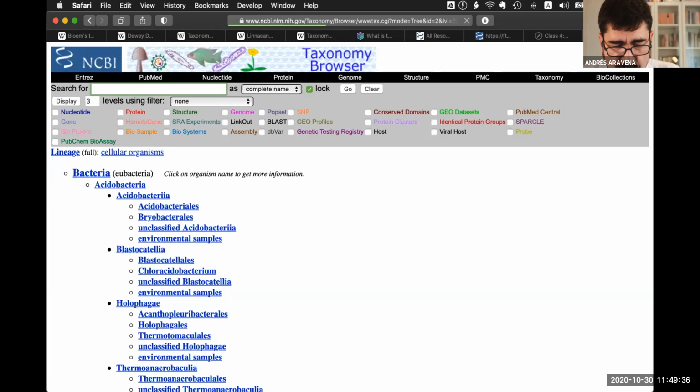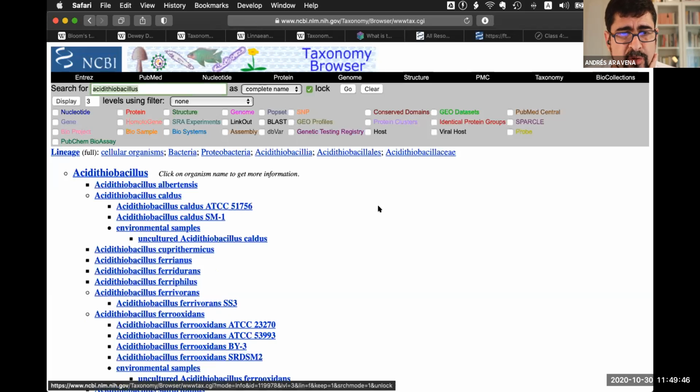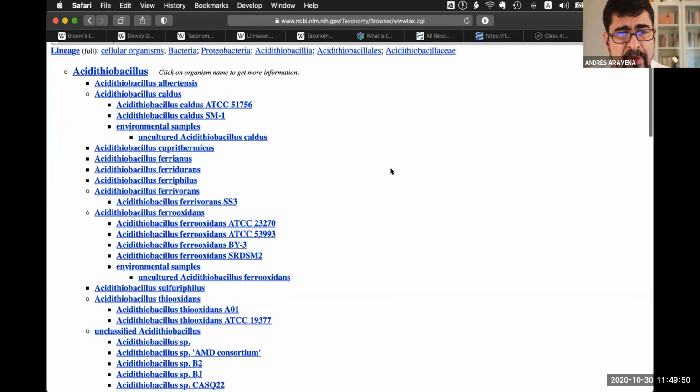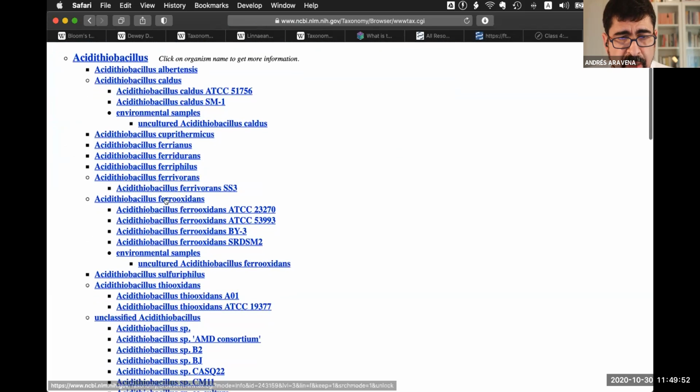This is Acidithiobacillus. This is the bacteria I used to work with. This is a genus, and there are several species. The one I worked with is Acidithiobacillus ferrooxidans.